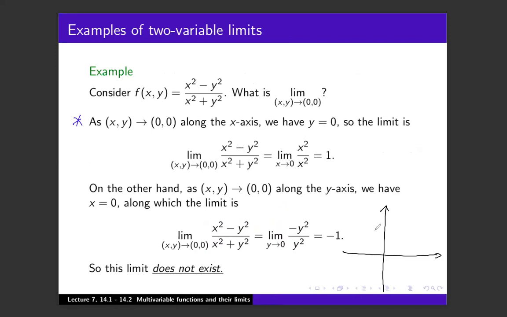So (x, y) goes to (0, 0) along the x-axis. That means we're approaching in this direction, going to (0, 0) that way. The problem is, if we're doing that, then y is always going to be 0 along that path. So you plug in y equals 0 along that path, because that's the behavior along that path. With y equals 0, x squared over x squared, that's just 1.